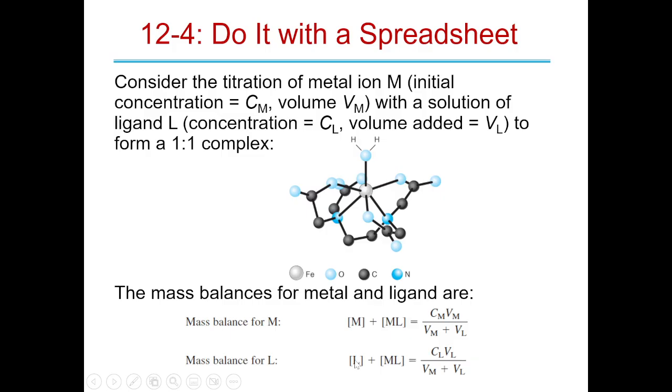Your mass balance for the ligand is just going to be the same thing, right? It's just that all the M's turn into L's and all the L's turn into M's. So the concentration of free ligand plus the bound ligand will be the initial concentration of ligand times the initial volume of the ligand divided by your new total volume, right?